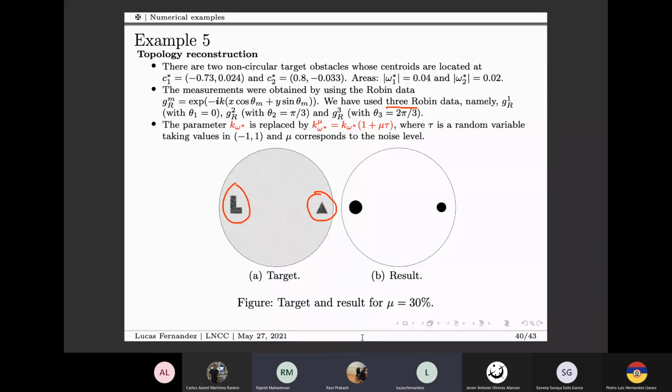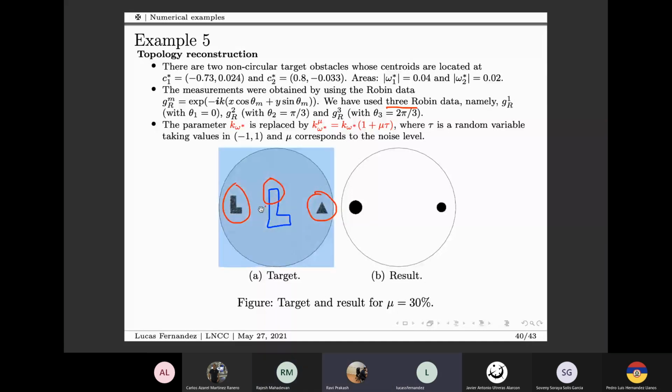Unfortunately, in this case we are not able to recover it. For example, let's suppose you have an example where the L-shaped obstacle is in the center of the reference domain. The question is whether we can recover this non-circular geometry with, let's suppose, three balls like this.